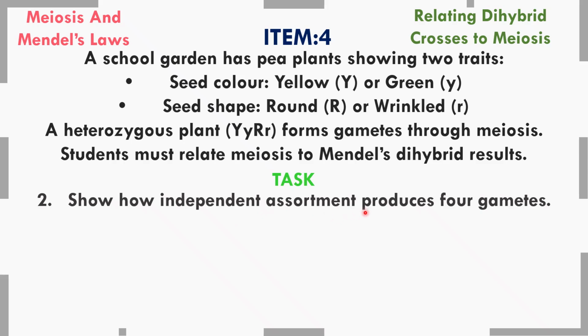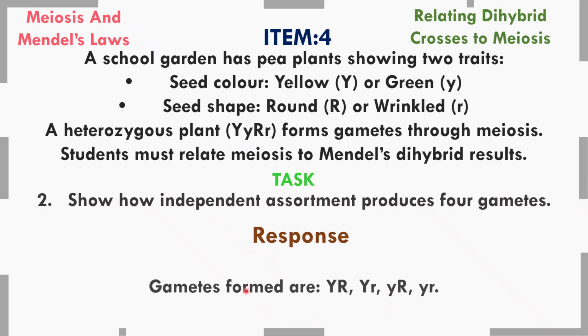Show how independent assortment produces four gametes. Gametes formed are YR, Yr, yR, yr.